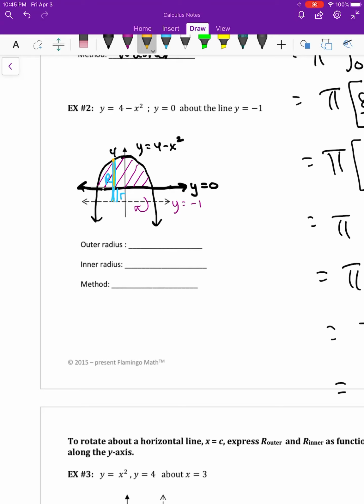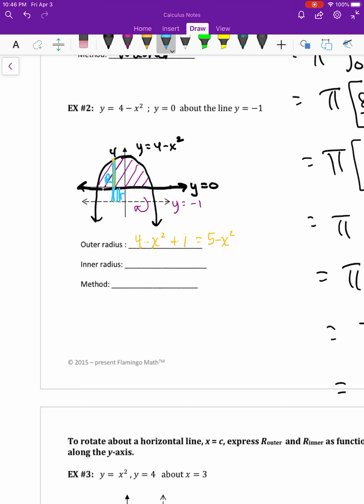So for that, we've got our 4 minus x squared, but we're adding 1. So I'm going to take my positive 4 and my positive 1. This is going to be 5 minus x squared as our outer radius. Our inner radius.